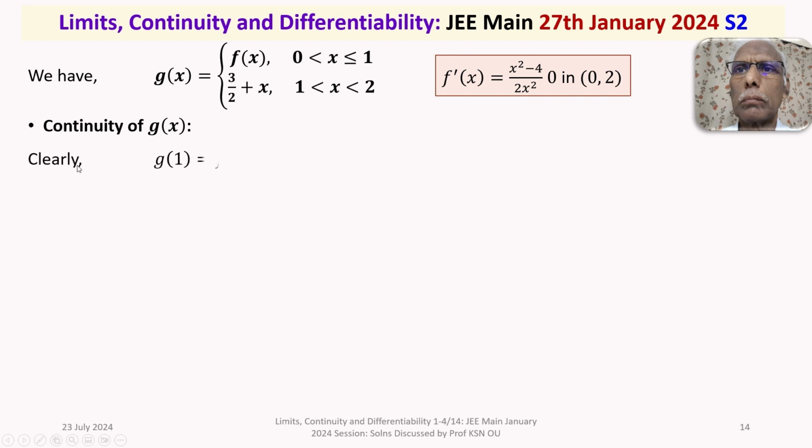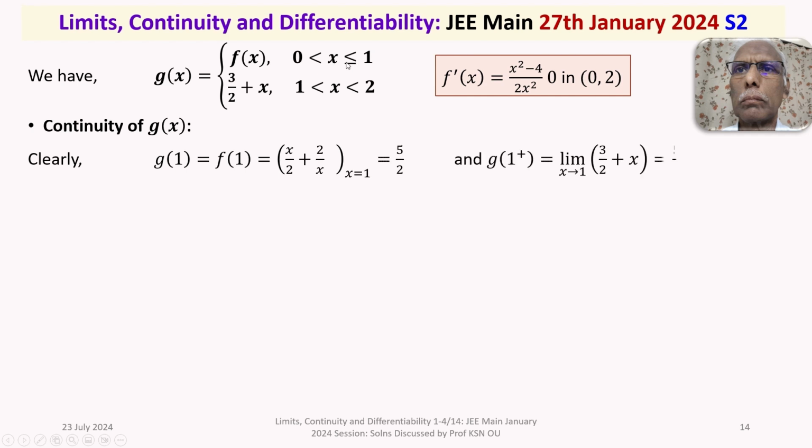Clearly g of 1, because 1 is included in this interval, will be f of 1. The value of f of x is x by 2 plus 2 by x. When evaluated at x equal to 1, it is 5 by 2. And g of 1 plus, the right hand limit of g of x at x equal to 1, is the limit as x tends to 1 of 3 by 2 plus x, which is 3 by 2 plus 1, that is 5 by 2.